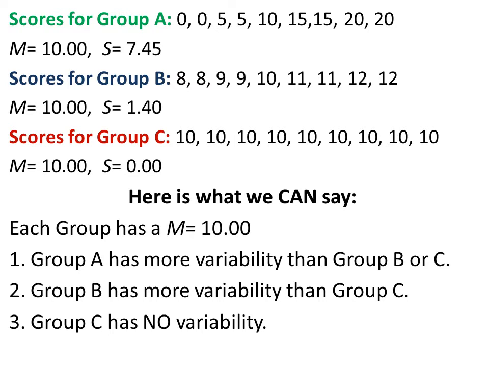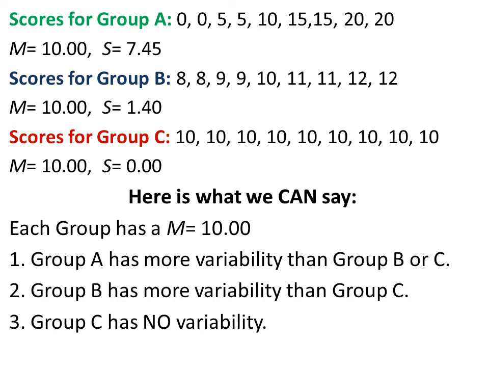We've got all three groups: group A, group B, and group C. Each group has a mean of 10.